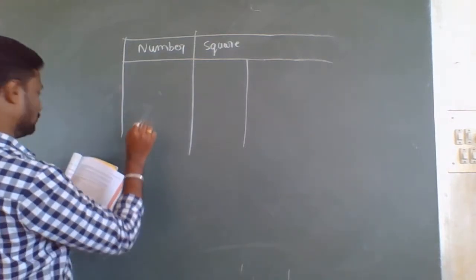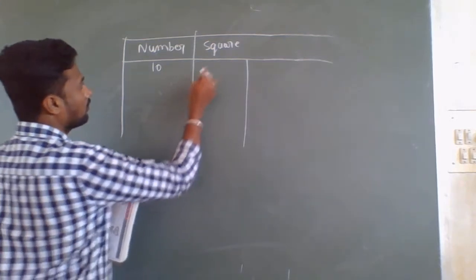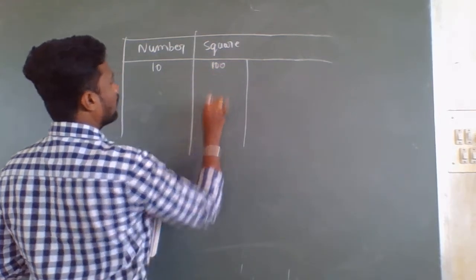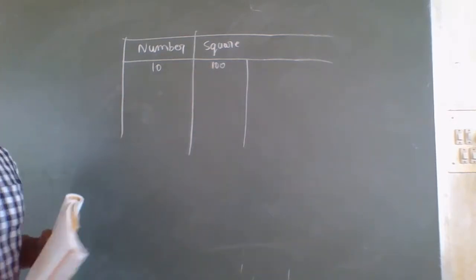Here they have given 10. Square value of 10 is 100.